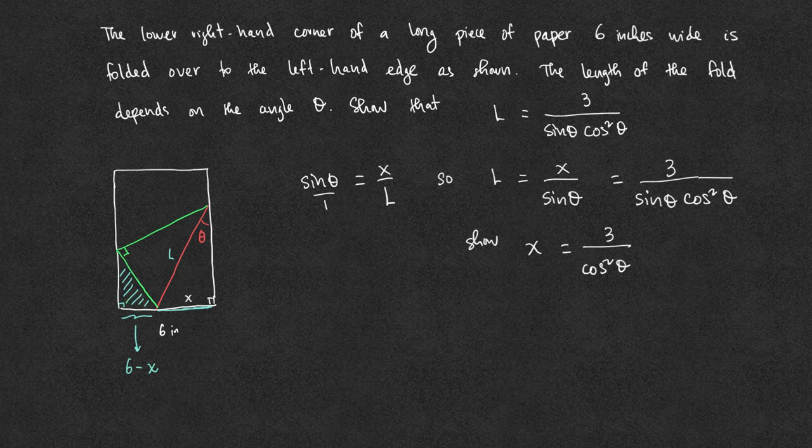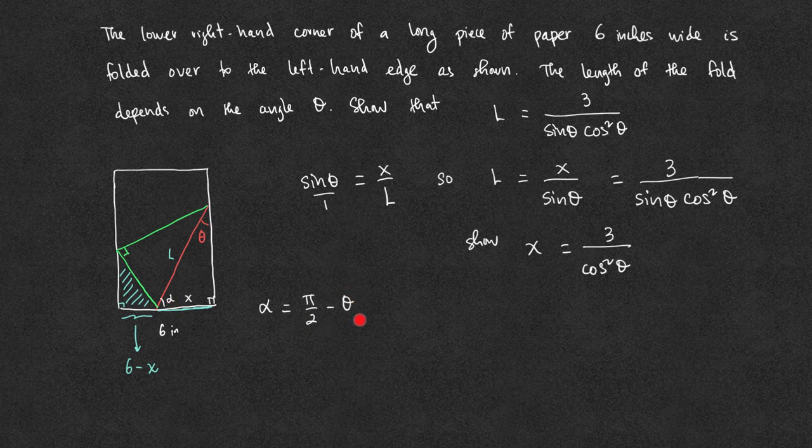But observe that in the triangle on the right hand side, if we call this angle alpha, then alpha is pi over 2 minus theta, because the two acute angles in a right triangle are complementary angles.